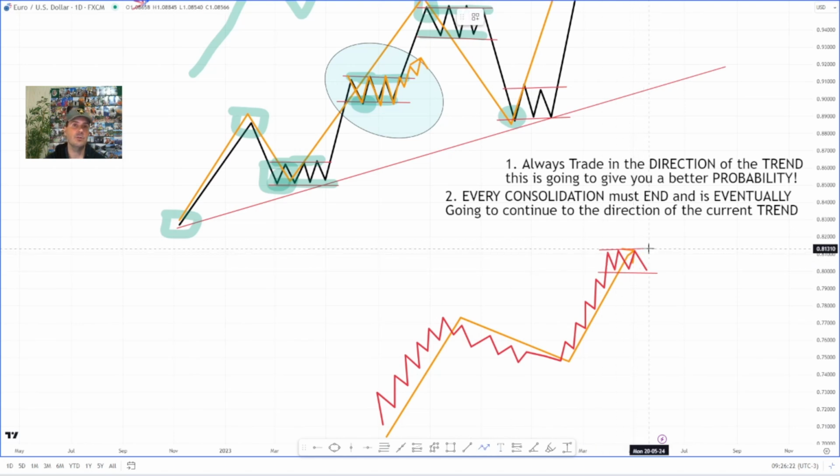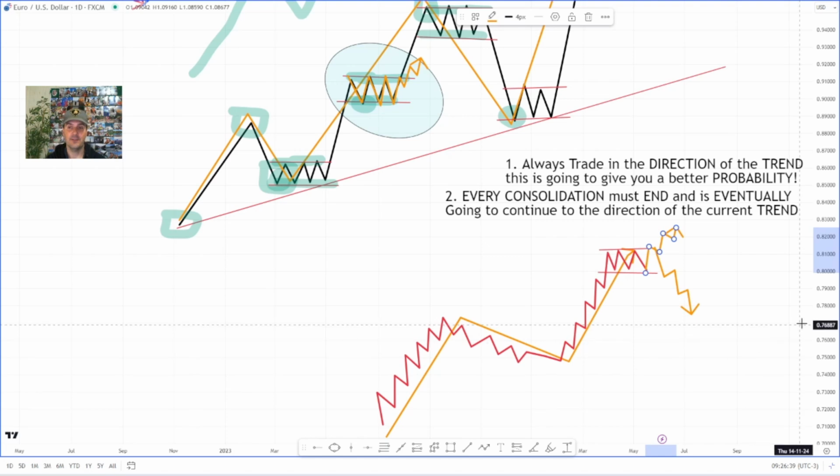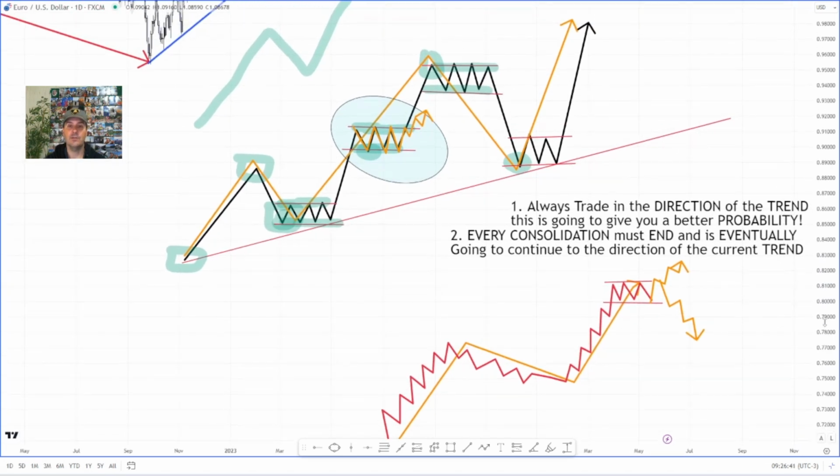Now, how do I know if I have a better probability to short? Because I know that the market eventually must retrace, or to go long, because the market is going to extend for a few more days or weeks. All right? So try not to mix apples with bananas, try not to confuse the short-term trend with the market wave. All right?